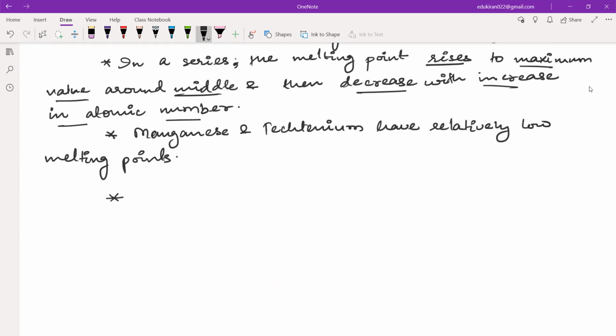So whenever metallic bond, melting point, boiling point, atomization, or the hardness of metal comes up, the main word here is always the unpaired electrons in the valence shell.